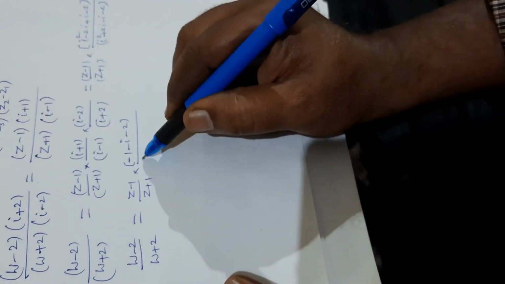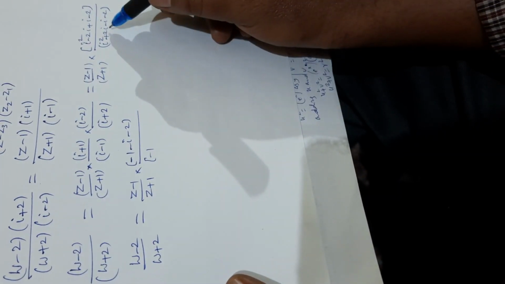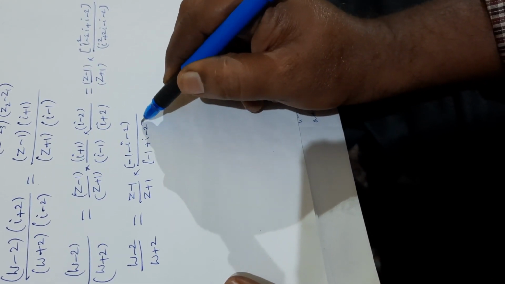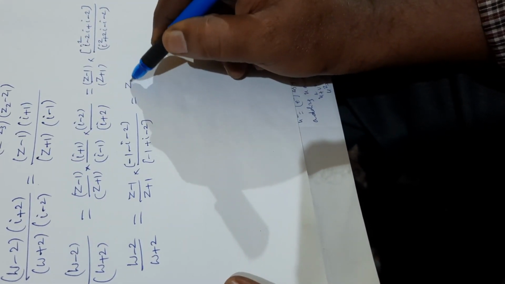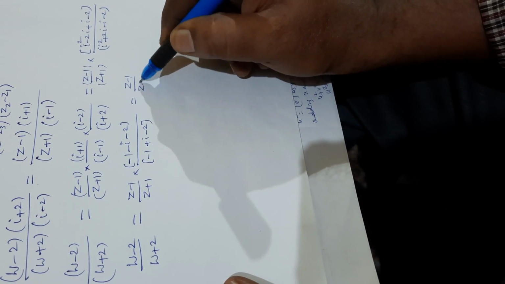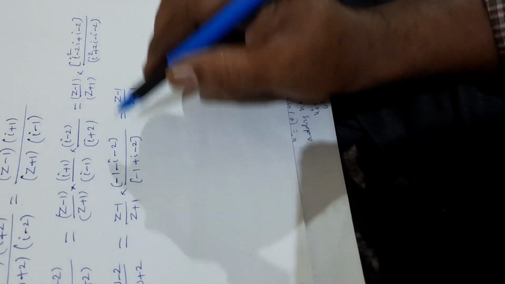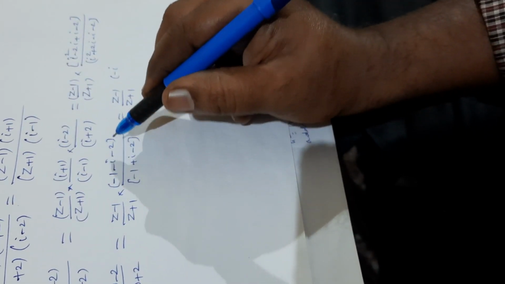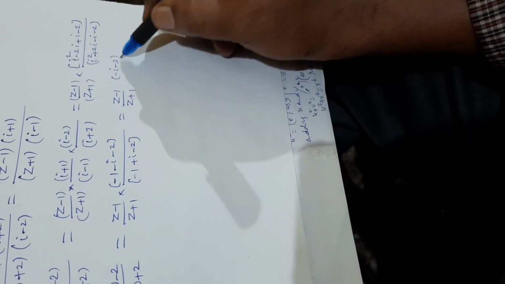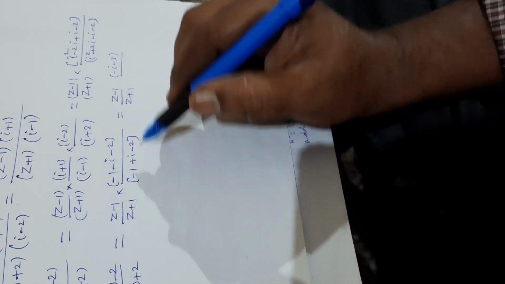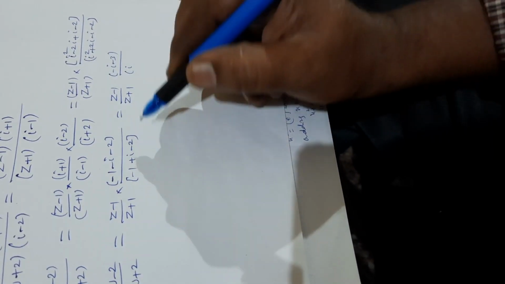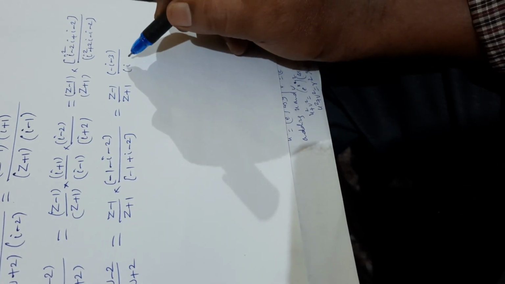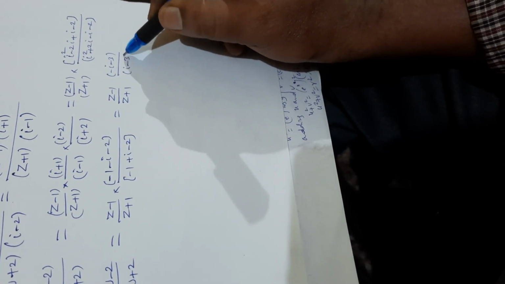Here also i squared is minus 1, 2i minus i, plus i, minus 2. Further simplify: minus i, minus 1, minus 2, minus 3. Here plus i, minus 1, minus 2, minus 3.